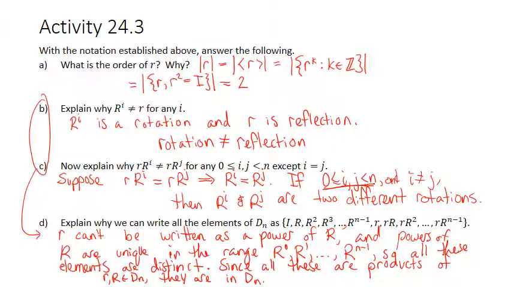Since they're all distinct and in the dihedral group, and since there are 2n of them, this must be the dihedral group. Kind of running out of room here. This is Dn.